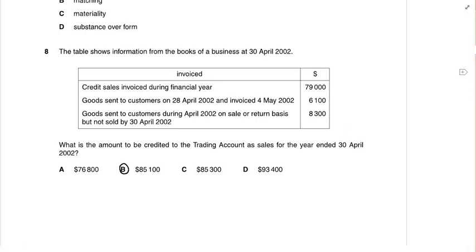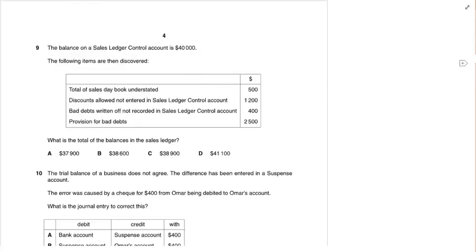Right. Let's look at the last two questions. Question number 9. The balance on the sales ledger control account is 40,000. The following items are then discovered. Total sales day book had been understated, so it's not included in that amount, and we have to add it.